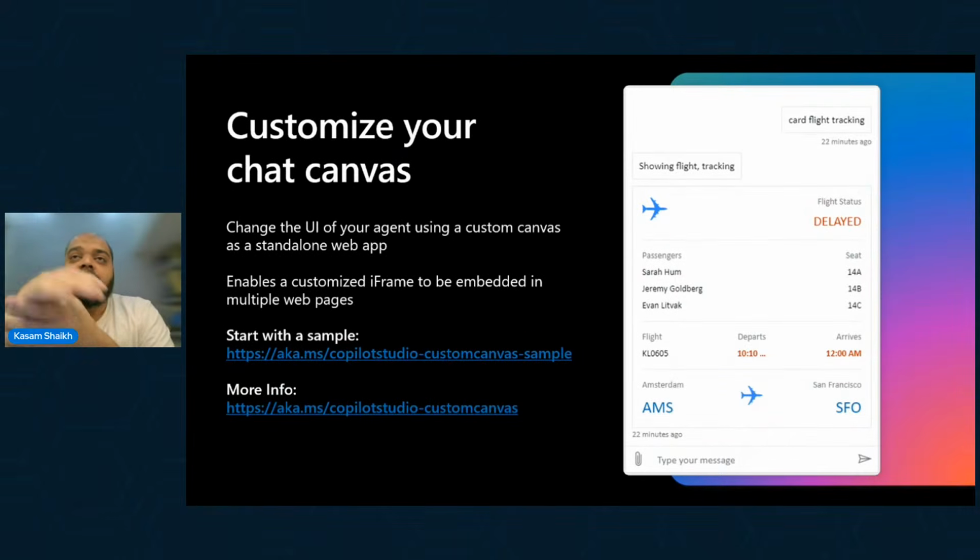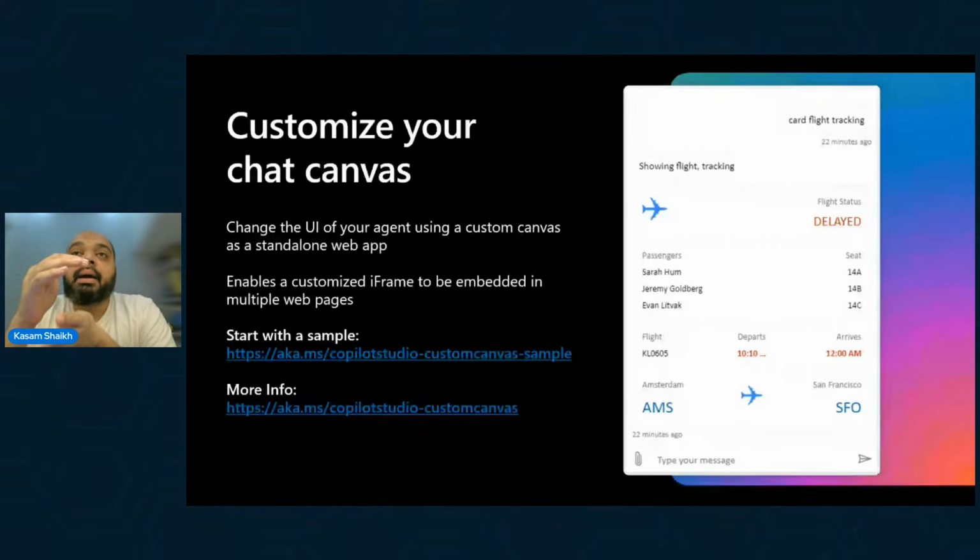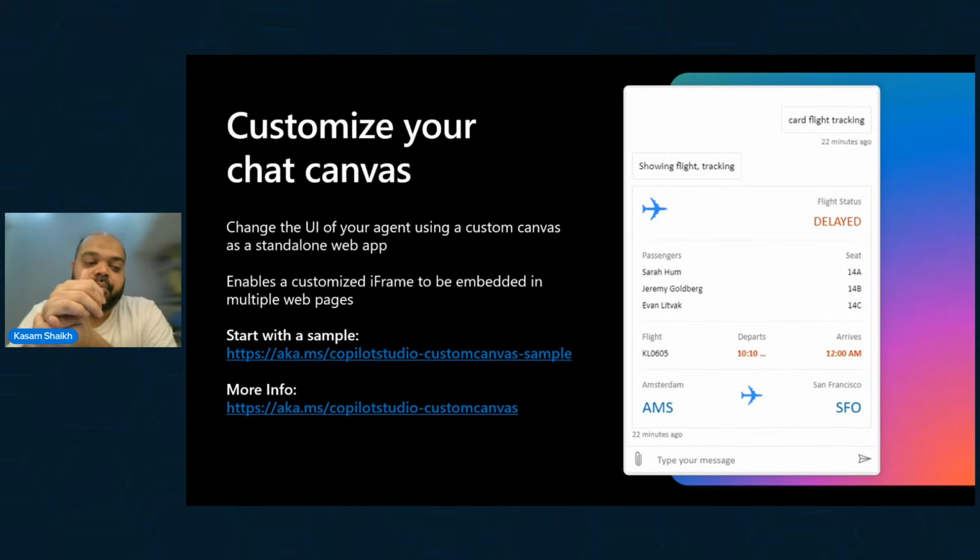In addition to controlling the conversation with topics, you can also customize how the data is displayed. You can customize output with adaptive cards, and you can connect your agent to a custom canvas that can be hosted as a standalone web application. This is helpful when you need to embed a customized iframe across multiple web pages.